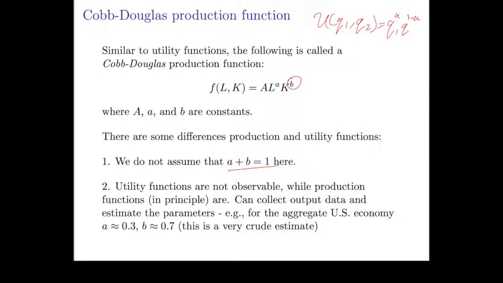We're not going to make that assumption here. The other very important difference is that you can't observe a utility function, but you can observe a production function in principle. You can collect output data and estimate these parameters. If you want to think of the aggregate production of the US economy, for example, you would find that a would be 0.3 and b would be 0.7.